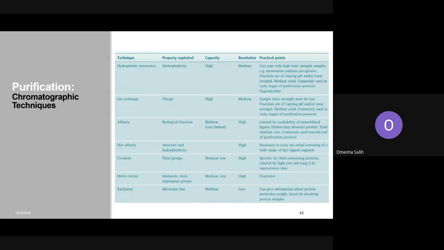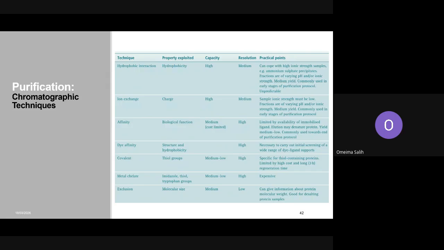Otherwise, you can run the sample and get different peaks, and then accordingly you can elute or separate the protein you want to study further from the HPLC-separated components, and determine its chemical characteristics by doing another experiment.